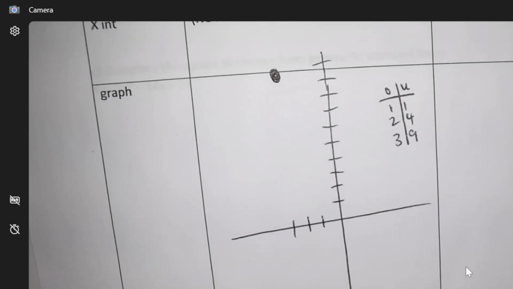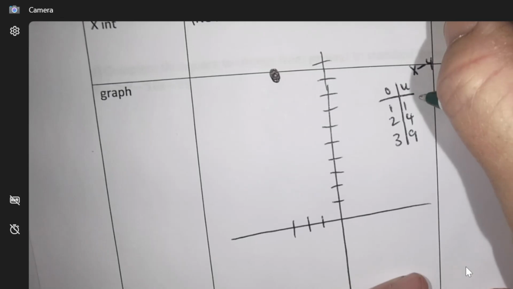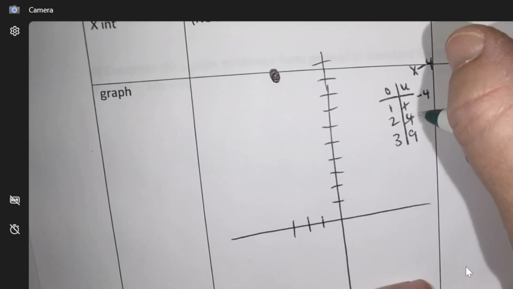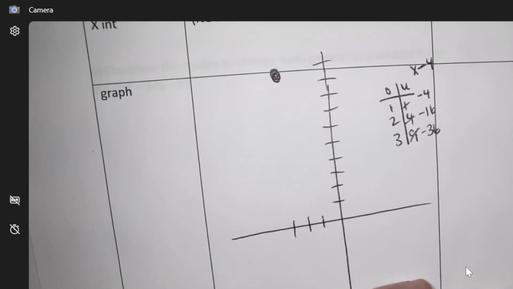That's a parabola pattern. Okay, we have a slope of -4. So that's going to become -4. That's going to become -16. -36.